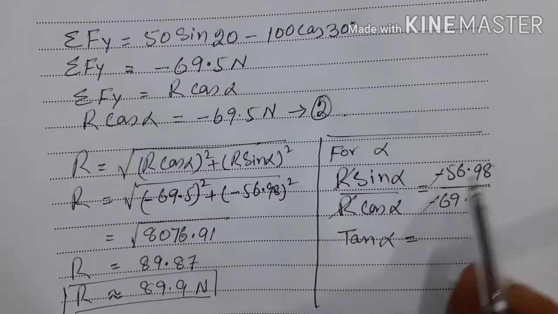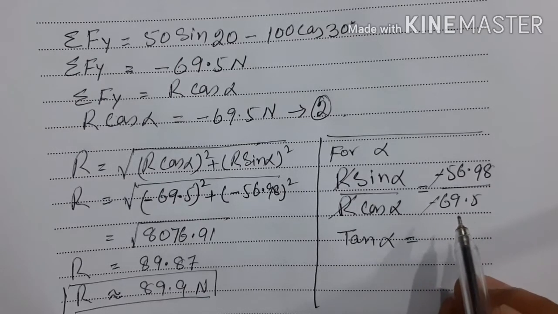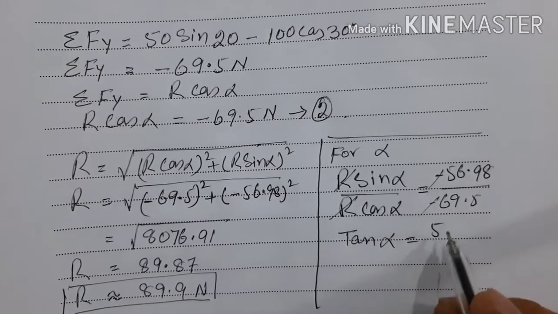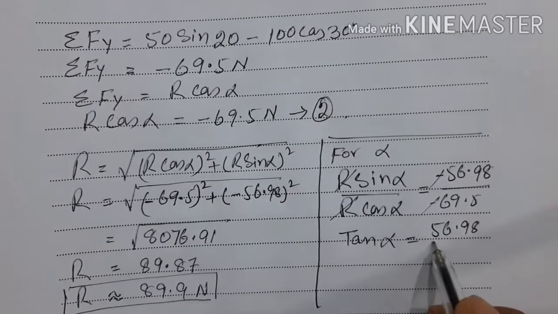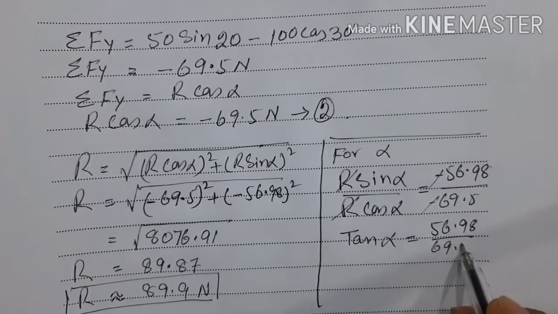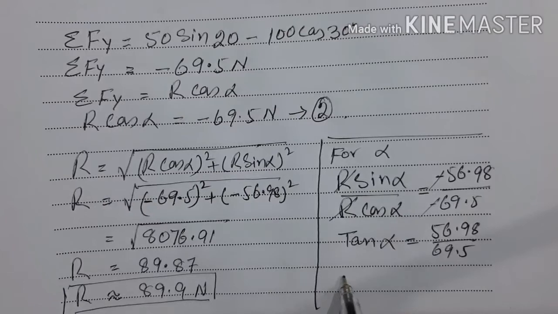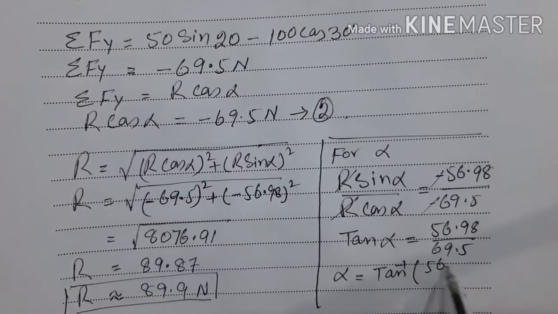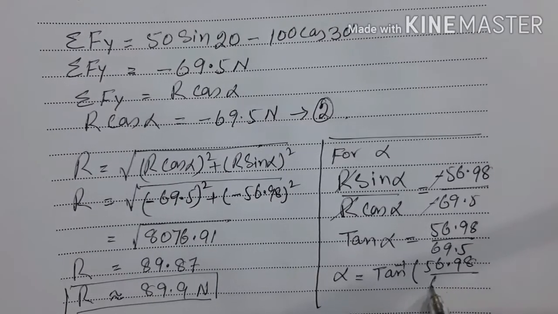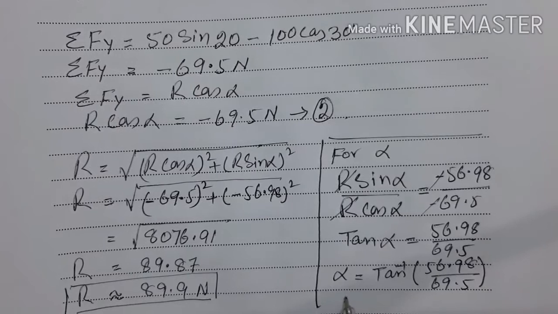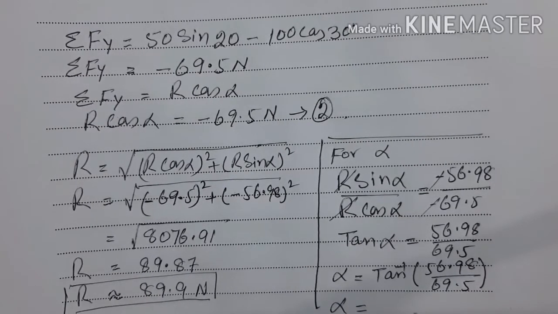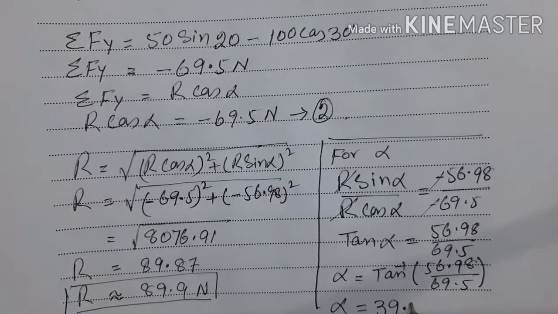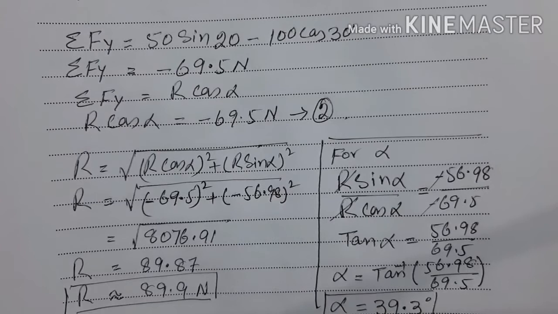So taking tan to the other side, alpha is equal to tan inverse of 56.98 over 69.5, which is equal to 39.3 degrees. So this is our answer, alpha.